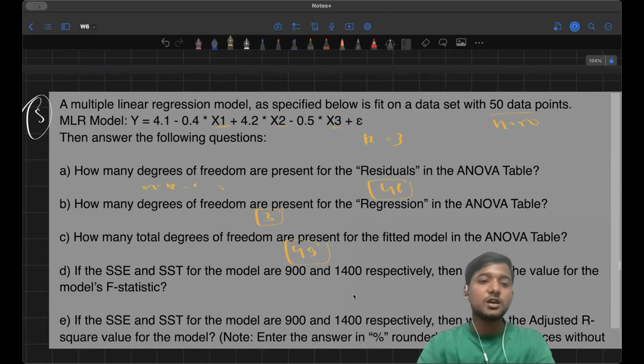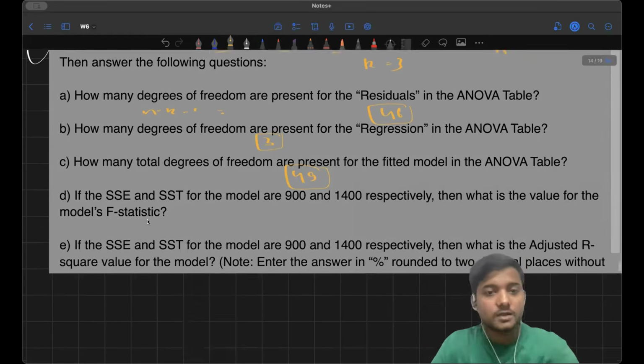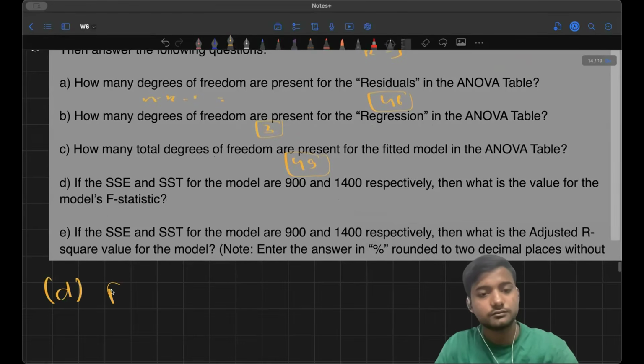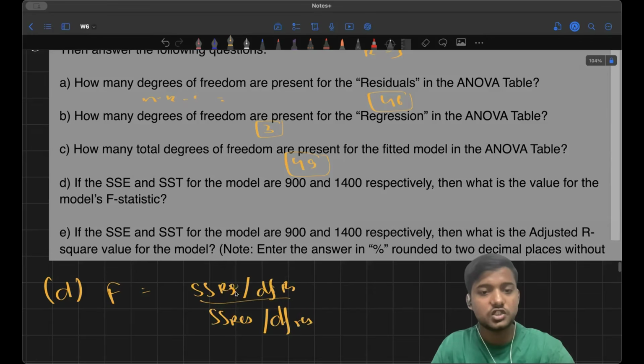So quite easy, right? If SSE and SST for the model are 900 and 1400 respectively, then what is the model's F statistic? It is asking for the F statistic. Remember this. So I will write part D here. F statistic was sum square regression divided by degree of freedom for regression, similarly, sum square residual divided by degree of freedom for residual. So this is regression.